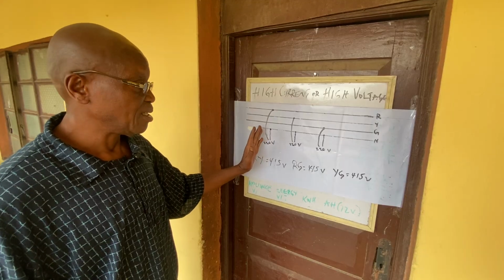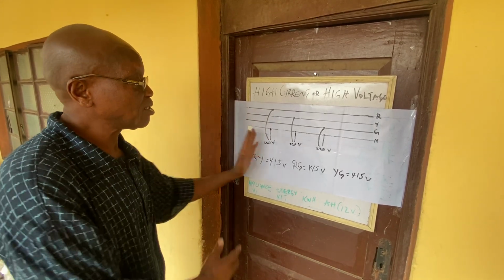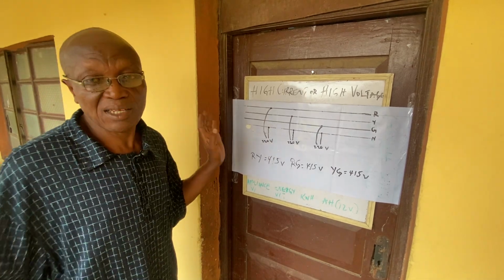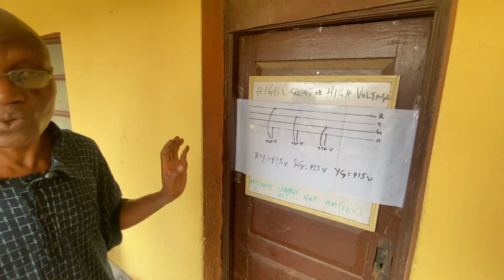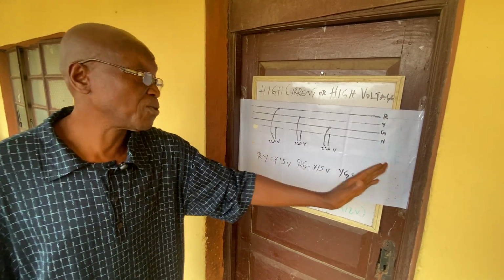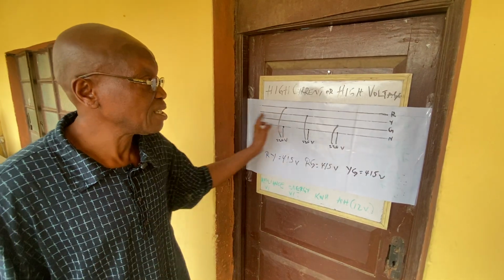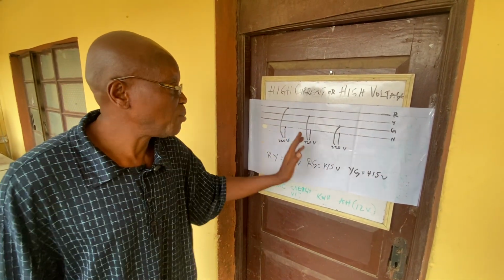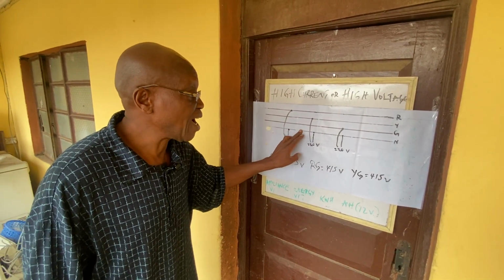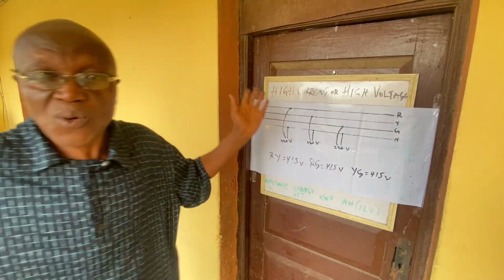So all houses here, as long as these three lines are still on with this neutral, all houses towards this direction will have their lights okay, 220. But towards this direction will be where the problem is. In other words, the three lines are still intact, but the neutral line has snapped. In other words, this neutral is more or less like a free wire.